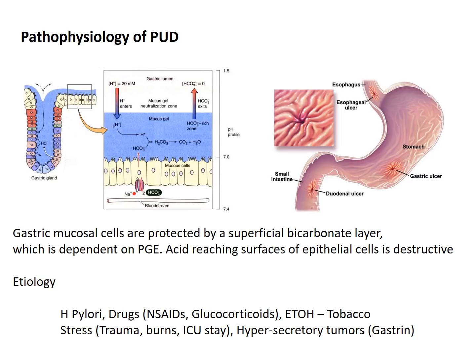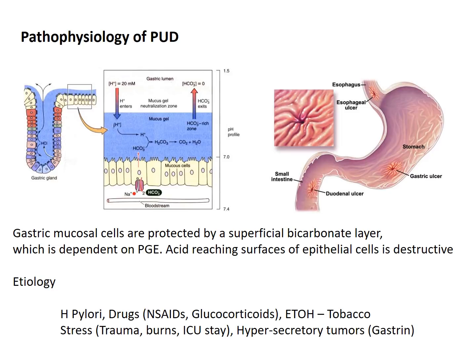So the gastric mucosa is protected by a superficial mucus alkaline layer. And making that mucus alkaline layer is dependent on a product referred to as prostaglandin E. If that mucus layer wasn't there, when acid reached those epithelial cells, that would become destructive.